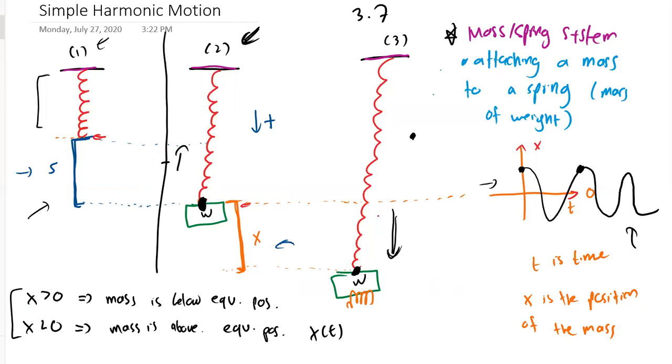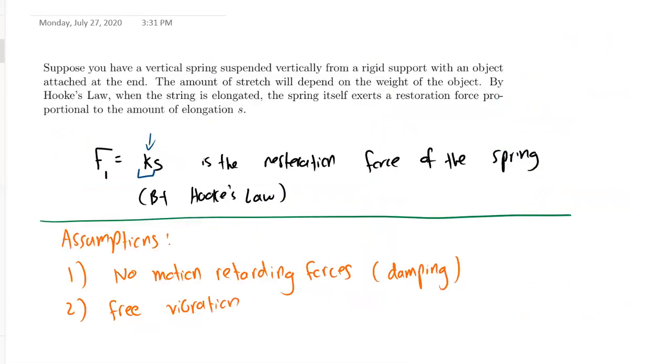There are other ways, but that's the most obvious one to see. So for right now, we're going to assume that there are no retarding forces, no damping, meaning that no energy is lost in the system, at least due to friction and stuff like that. So no energy lost.